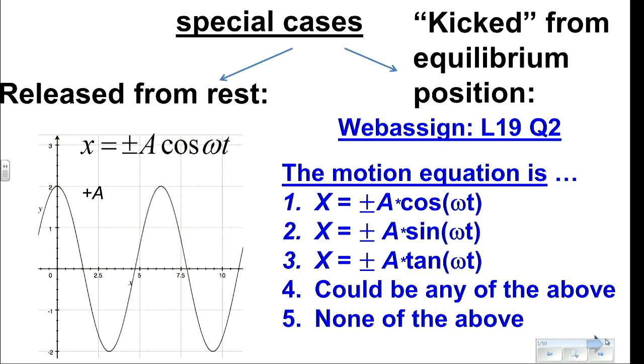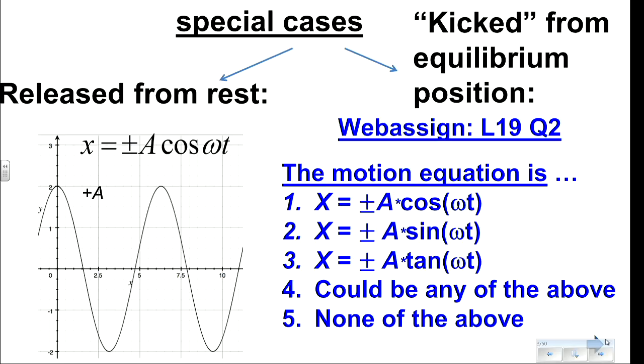Now, question, please. This picture comes from yesterday. It describes a situation when an object is released from rest, like this, and it's moving periodically, left and right, left and right. This situation is different.